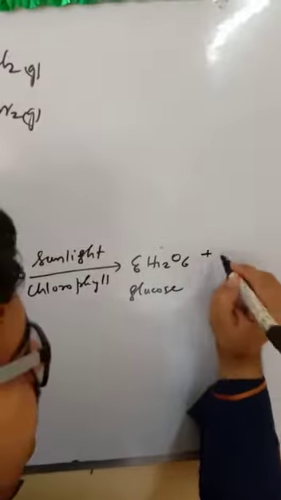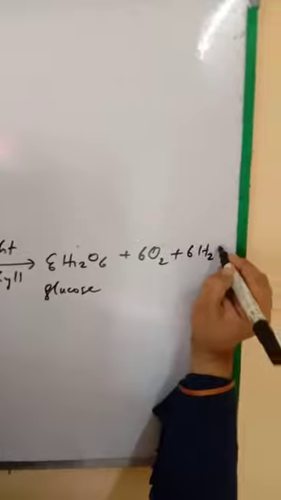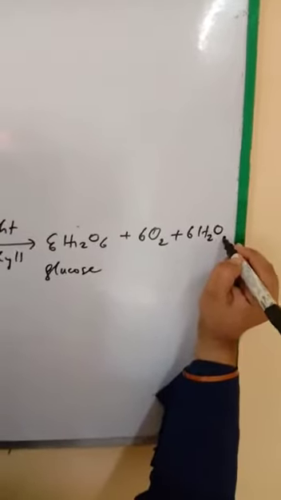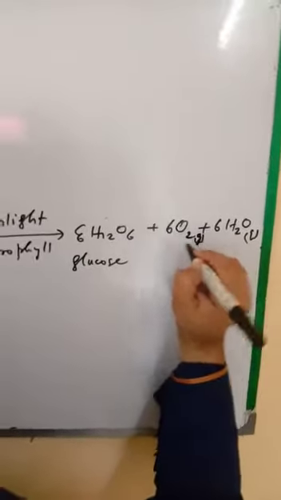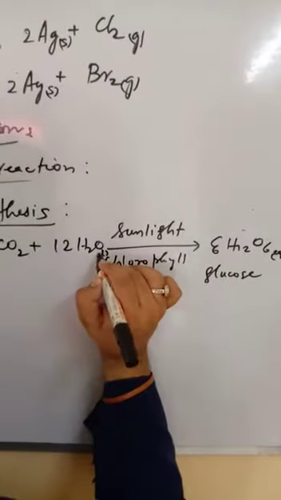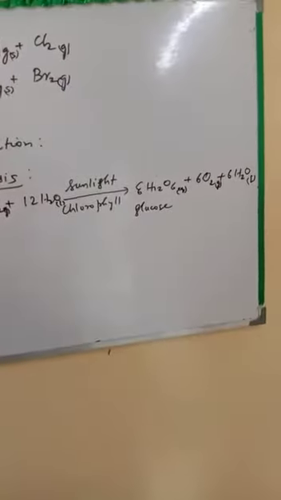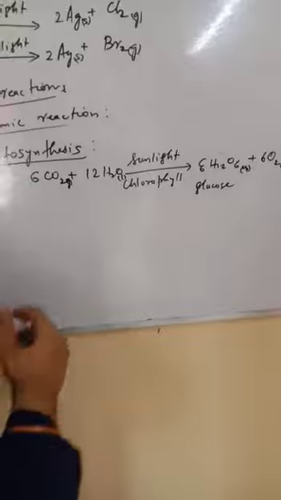You get 6 molecules of oxygen. You get 6 molecules of water. This is liquid. This is gas. This is aqueous. This is liquid. This is gas. See, in this reaction heat is accepted, heat is required.